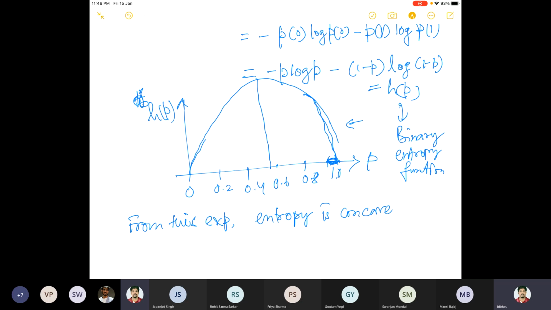It is concave, continuous, and the maximum value occurs at p equal to half.